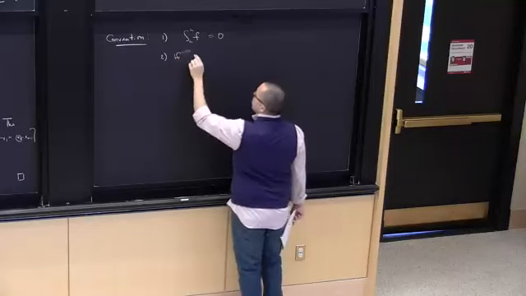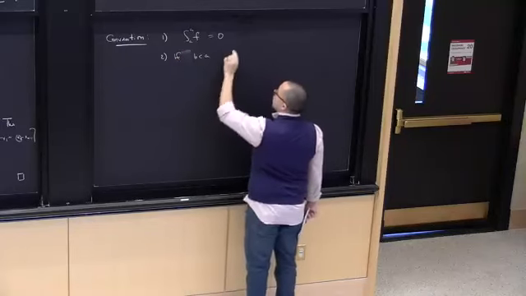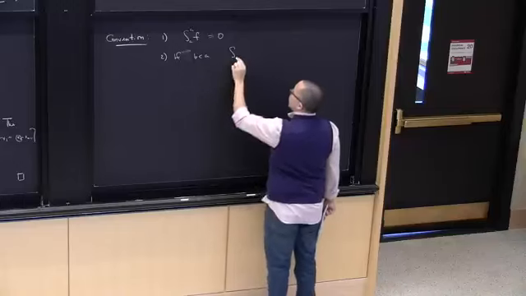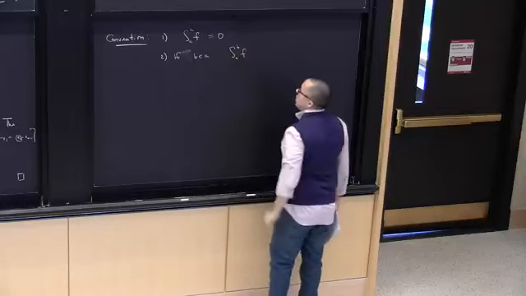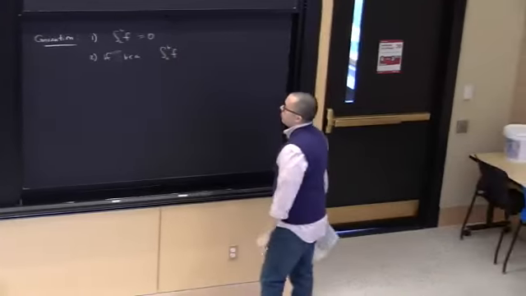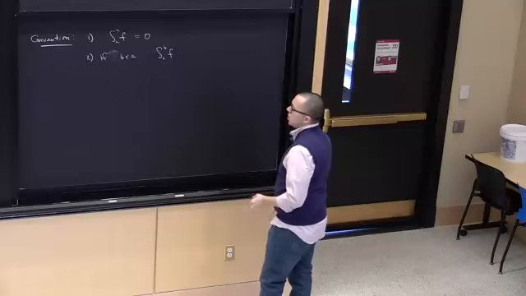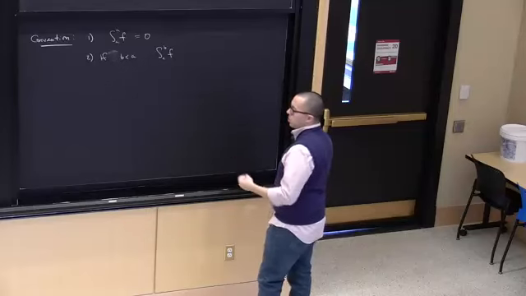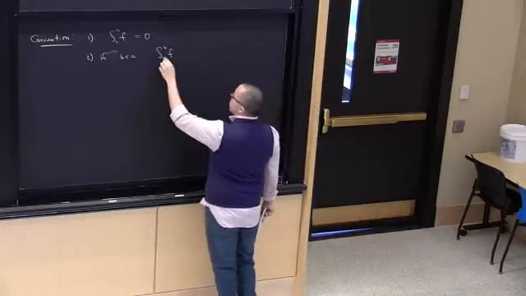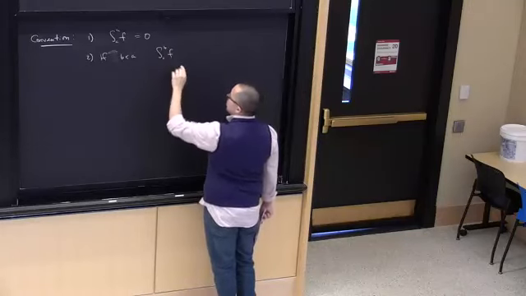Another is that if in fact b is less than a, then the integral from a to b of f, so remember, we've been talking about integrals over intervals where the number on the bottom is less than the number on the top.